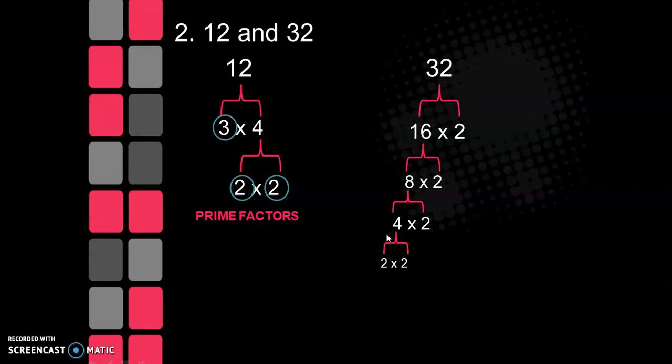Now we have all the prime factors, which are 2, 2, 2, 2, and 2. That is five 2s.